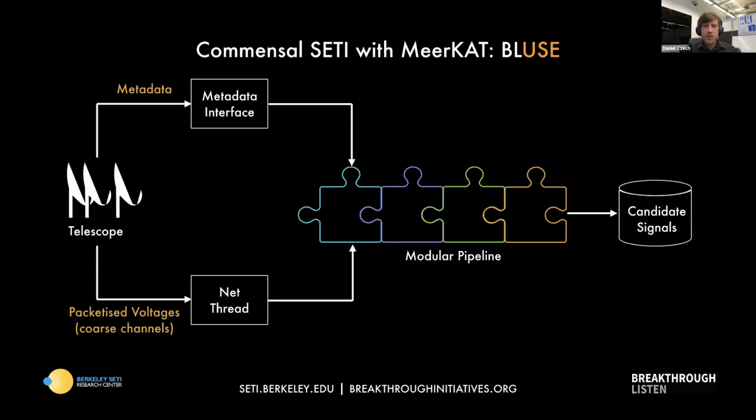So if there's an interesting signal, it'll save that signal and perhaps some other data from all the antennas, and that will keep the data rate low enough that we can record those signals of interest without having to record the entire full bandwidth at that high data rate.